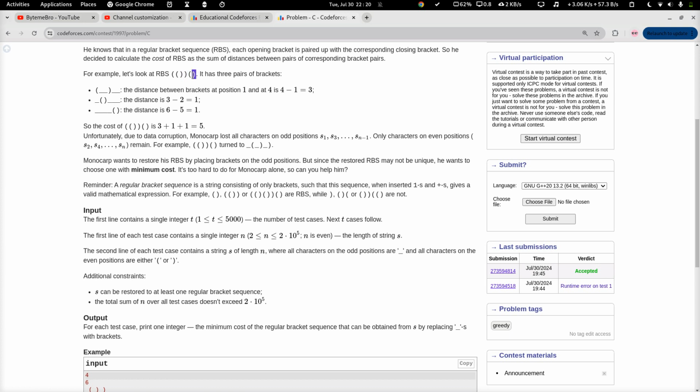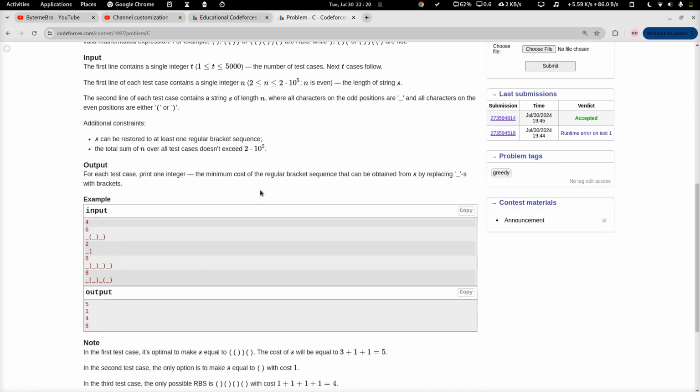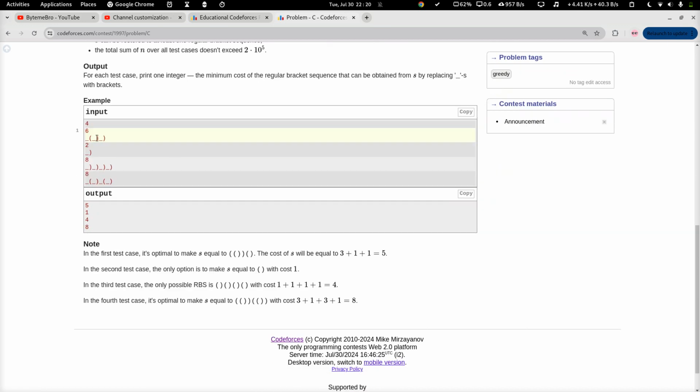Then subtract the index wherever the bracket is opening in one-based indexing. So basically minus 1, minus 2, and then minus 5. This is how we can calculate the sum.